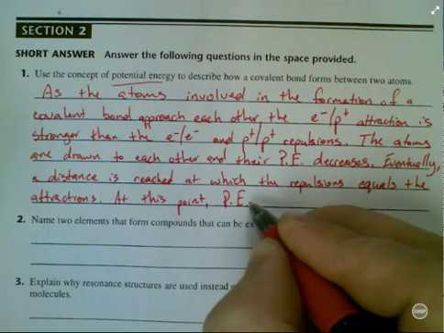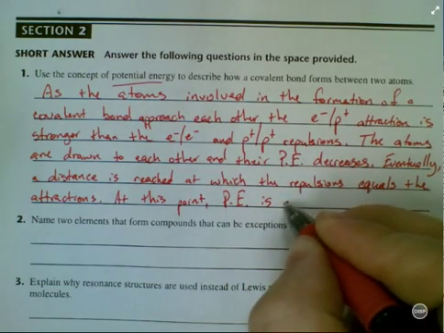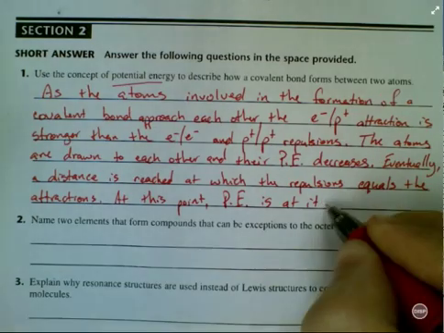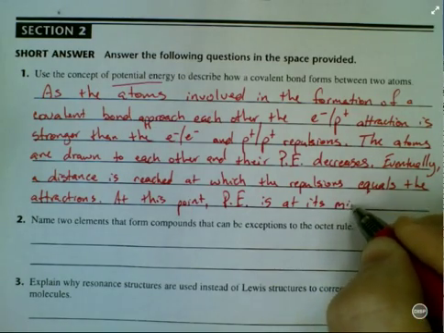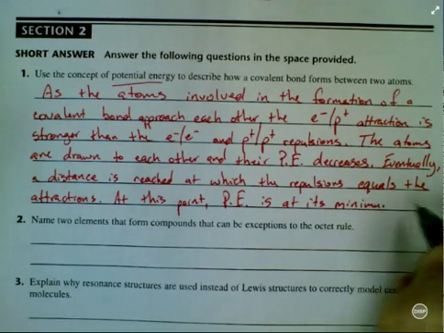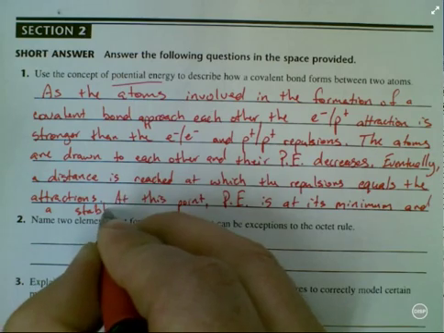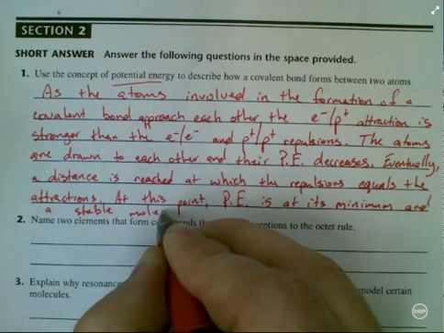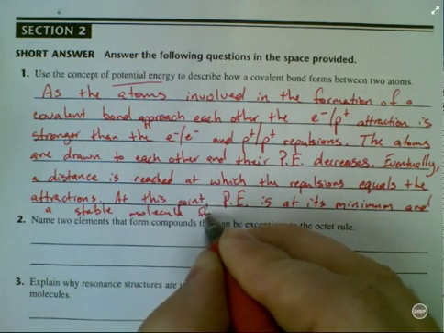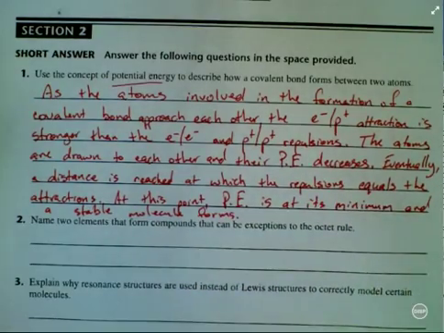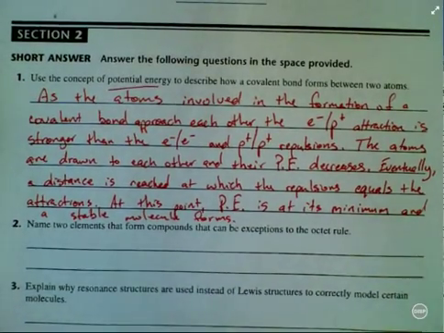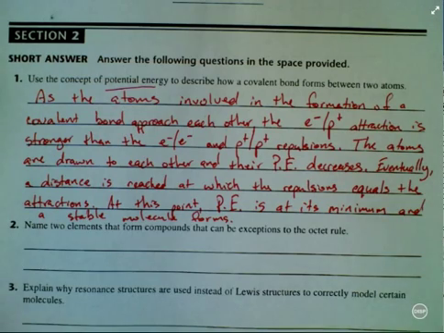Potential energy is at its minimum, and a stable molecule forms. Know that I was a bit wordy, but this was one of your objectives, understanding the relationship between potential energy and bond length in covalent bonds.